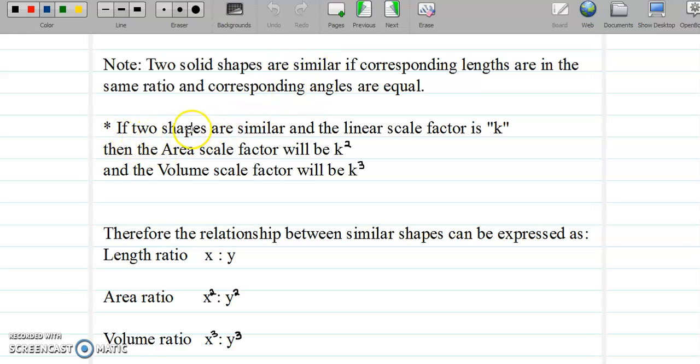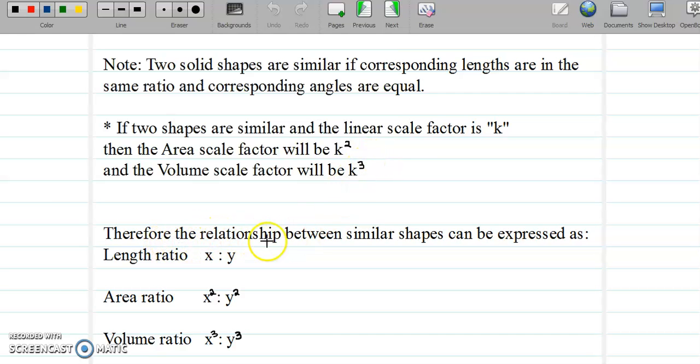Now if two shapes are similar and the linear scale factor is k, then the area scale factor will be k squared. We did this last time. And the volume scale factor will be k cubed. Okay, I explained this last time.